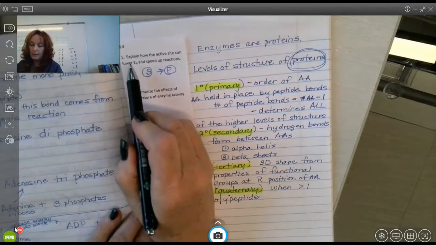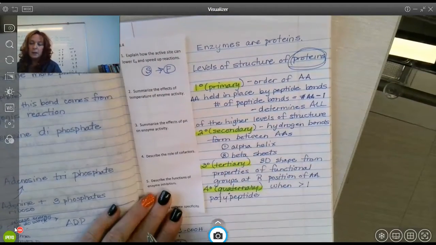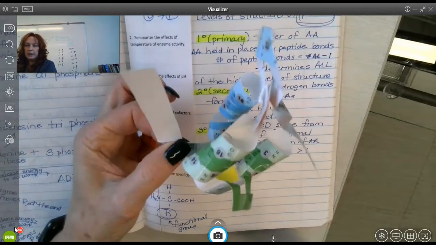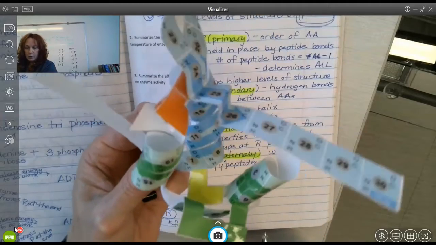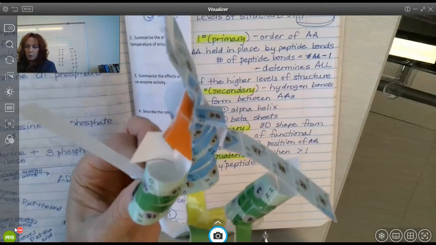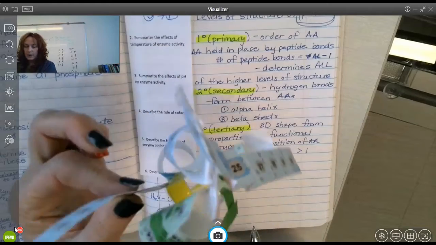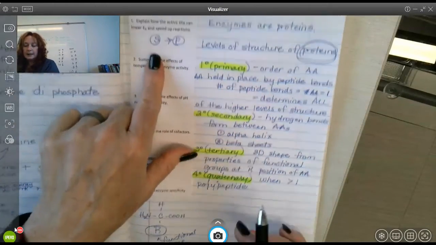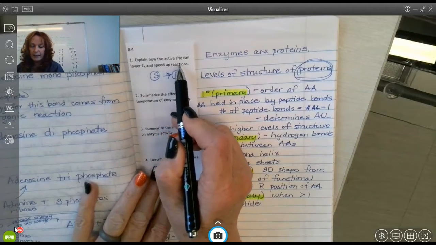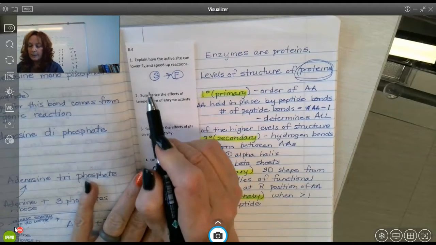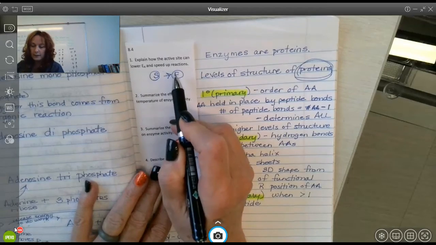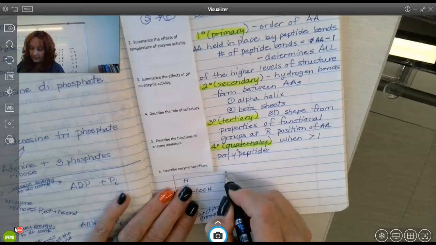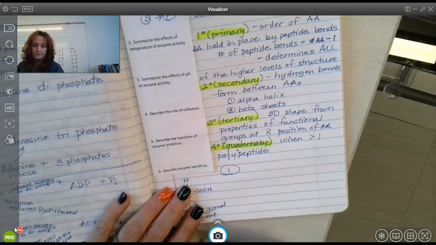And now I'm going to talk about this active site. Knowing that we've got this 3D shape, this 3D shape determines structure, determines function, how this actual protein can work. And for enzymes, their 3D shape is primarily focused on the active site. So I'm finally going to actually start with number 1.